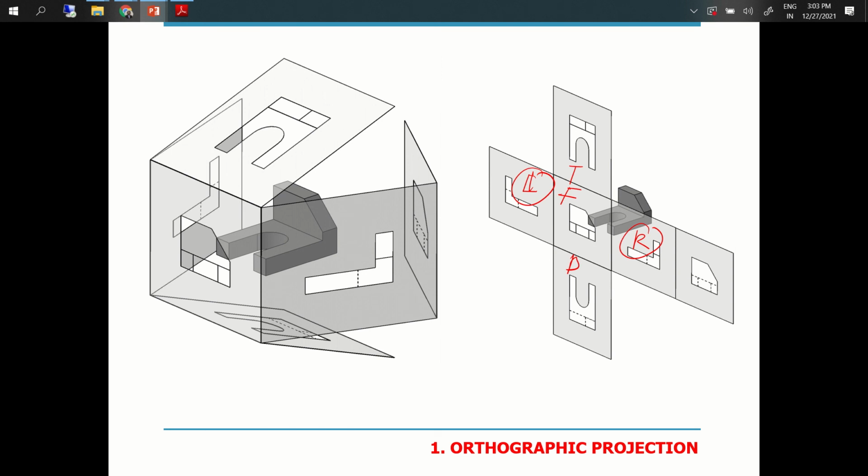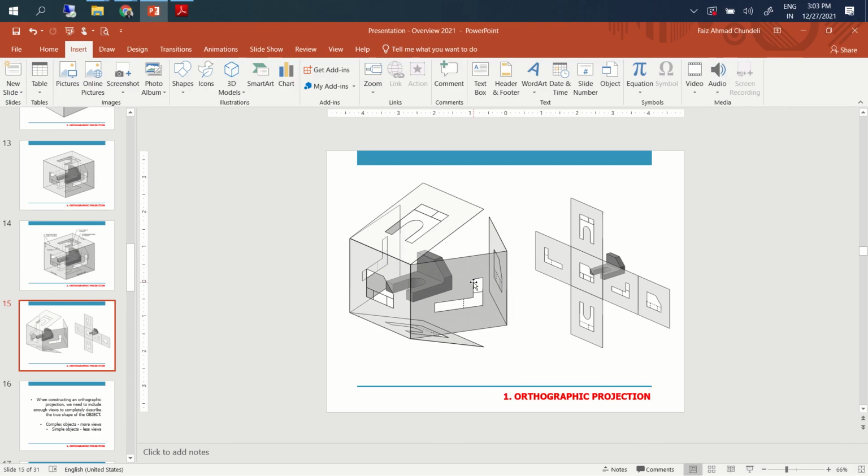Sir, if we can do all this with a computer, then why do we need to draw all this? For better understanding. Computers can generate it much faster, I agree, but sometimes we need to have an understanding of each of these lines, how they are constructed.